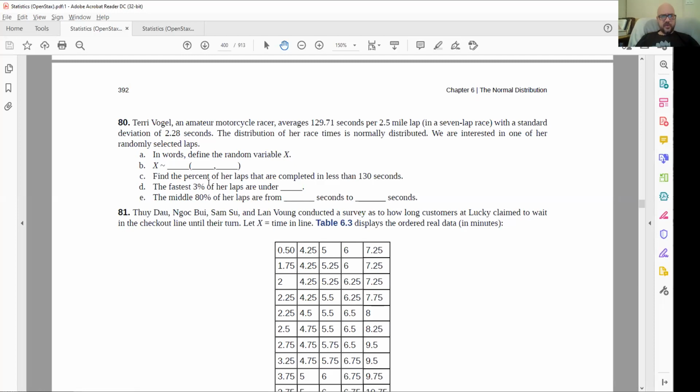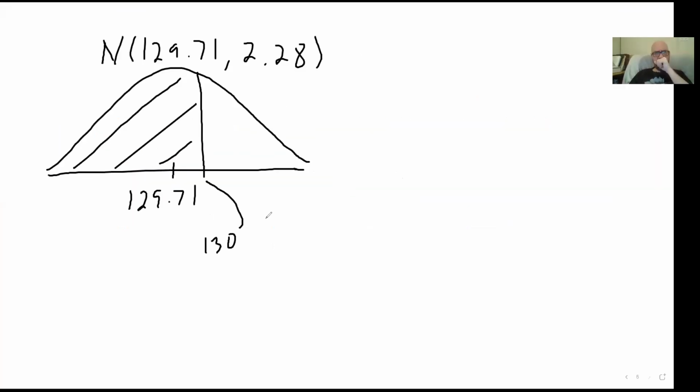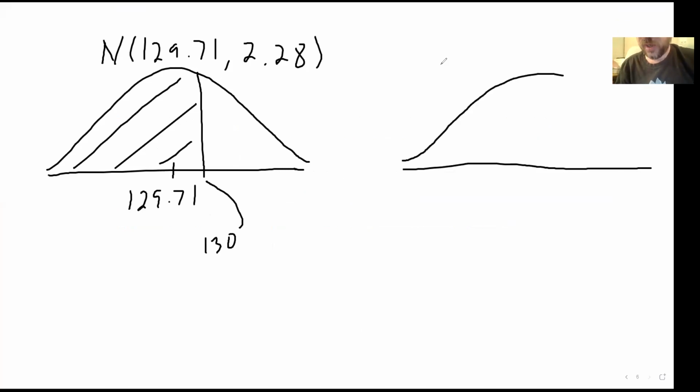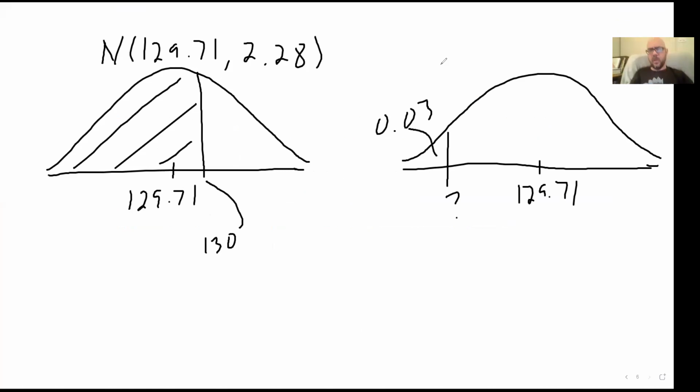The fastest 3% of her laps are under some number. So they're giving us a probability or an area. So they want to know the third percentile. I don't know why the 3rd percentile, it's weird, but let's see. So this is 129.71, and the third percentile is somewhere over here, that's the question mark, and 0.03 is this area.